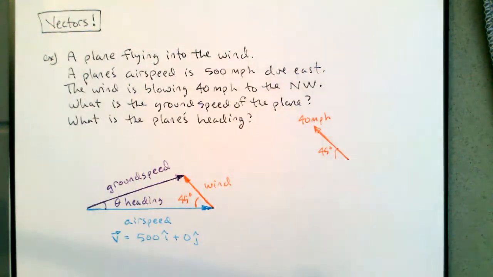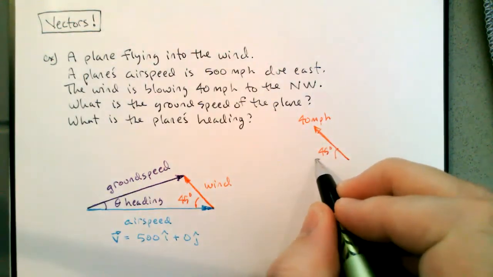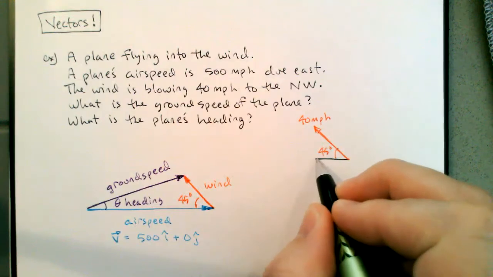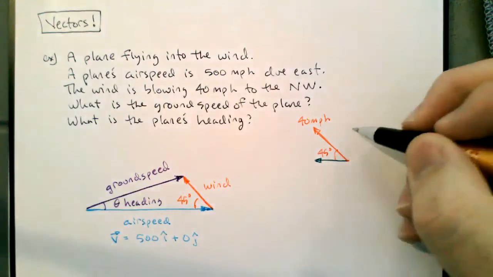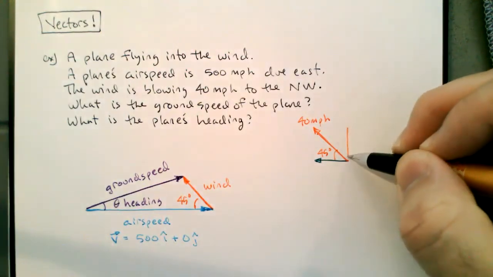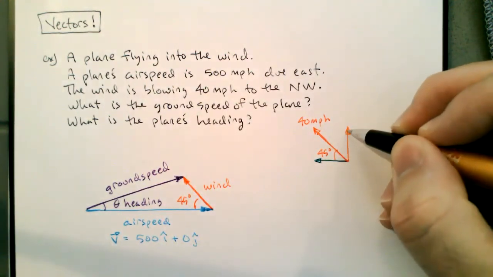So I have a horizontal component, and now I have this orange vertical component.